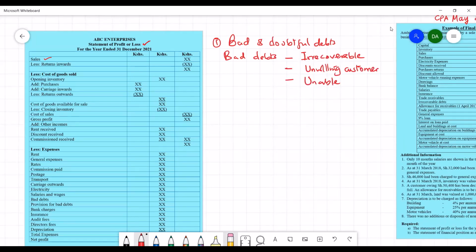In that case, the logical thing for the business to do is to write off the bad debts. So bad debts may be written off because the customer is unable or unwilling to pay them, and the business is not in a position to recover such debts.